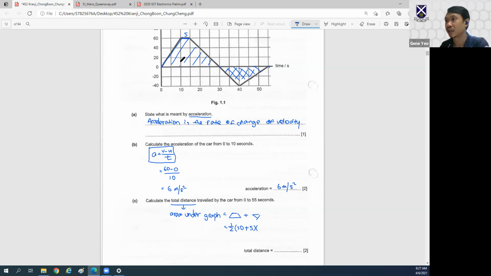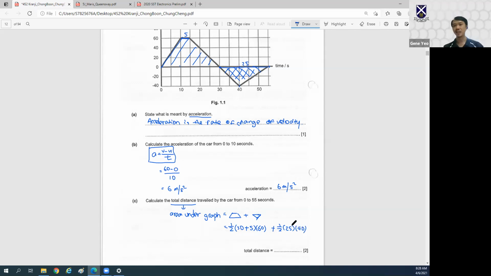So the height is 60. And I have to add the area of the shape here, which is a triangle, which is half times base. So base is 30 to 55, so that is 25. Okay? Times the height. The height is 40, 0 to 40.